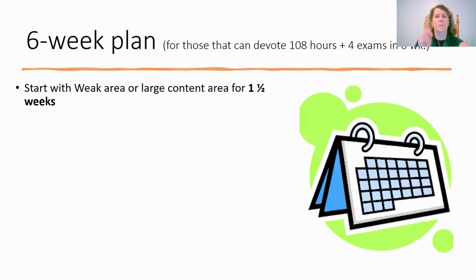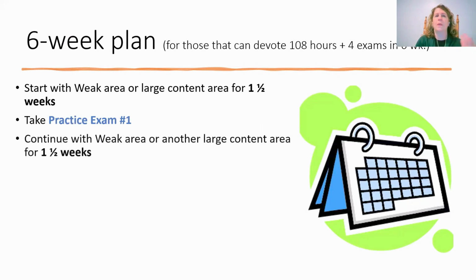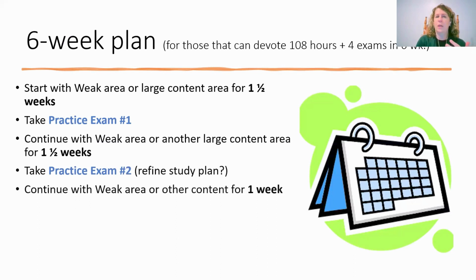So the 6-week plan, this is Therapy Ed's plan. They say, if you're going to do 6 weeks, start with a weak area or a large content area for a week and a half, take a practice exam, then go to another weak area or large content area and take another practice exam. After every practice exam, you should be thinking, how am I doing?